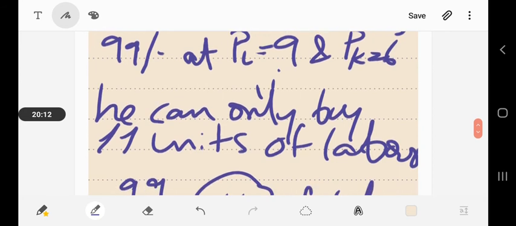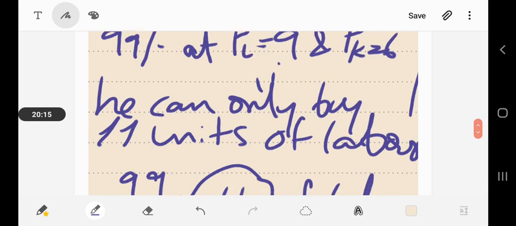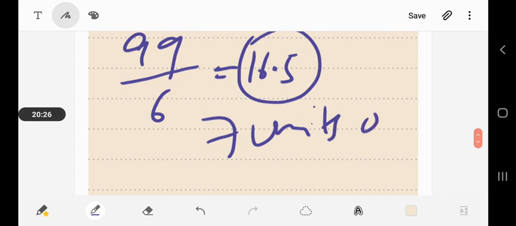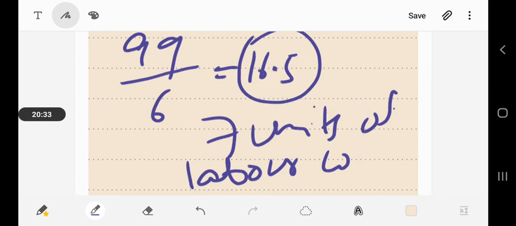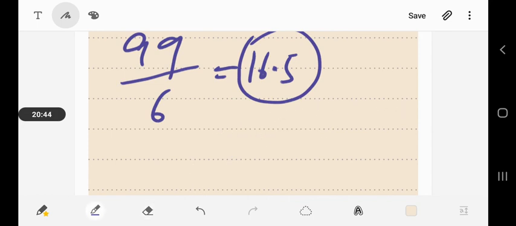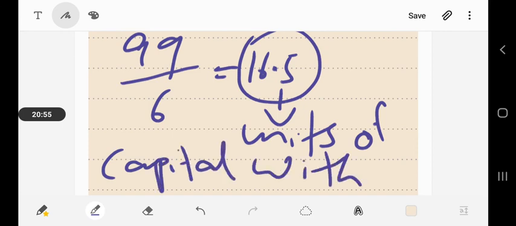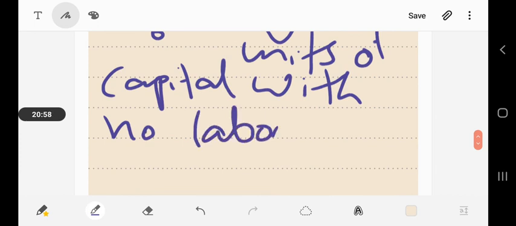Therefore, if a shoemaker has 99 rupees at PL equal to 9, he can only buy 11 units of labor, and at PK equal to 6, he can only buy 16.5 units of capital with no labor.